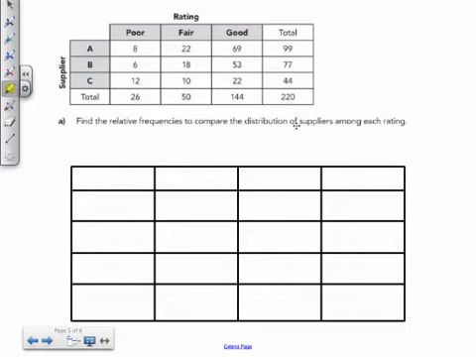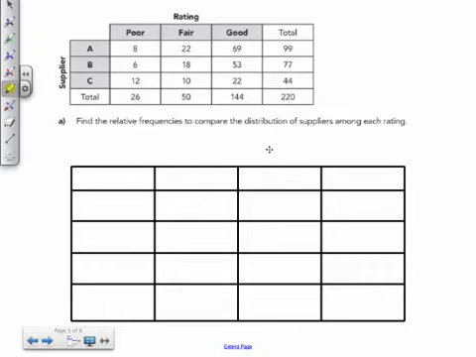I'll explain to you why that is in a little bit. So what that means is you're trying to figure out what percentage of the poor ratings were from supplier A, or what percentage of the poor ratings were from supplier B. Okay, that's basically what it means right here.